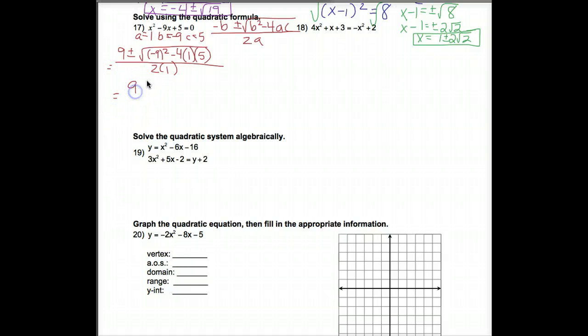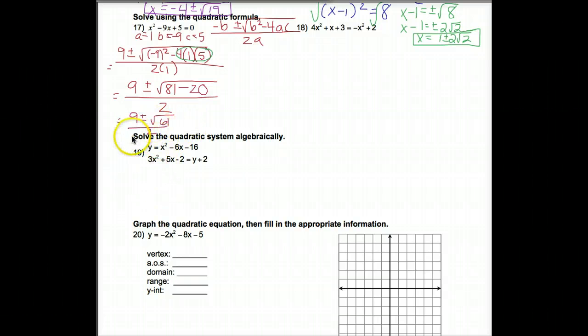So simplifying using PEMDAS, on the inside of that square root, -9 squared is 81 because exponents come first. Next comes multiplication. So I have to multiply these 3 things together first before I do the subtraction. 4 times 1 times 5 is 20, so that gives me a -20 here. So then I've got 9 plus or minus the square root of 61 over 2.